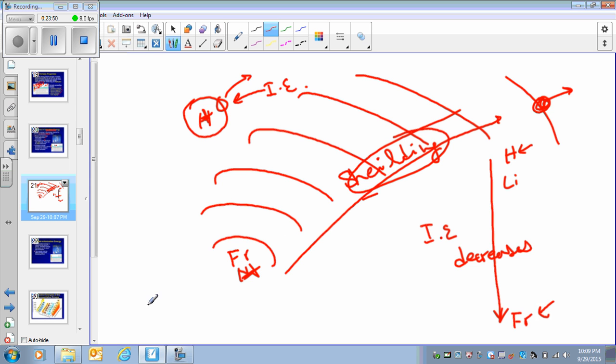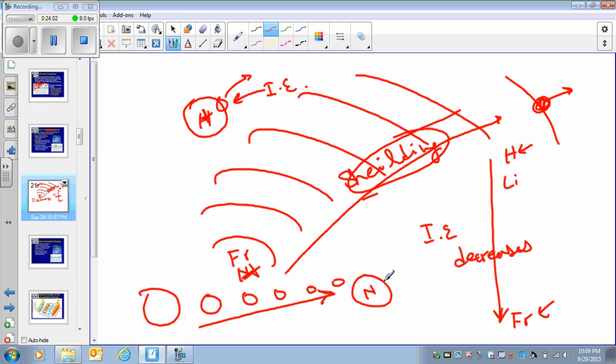On the other hand, as we know, the atomic radius decreases across the period. So if atomic radius is decreasing across the period, the nucleus is holding the outermost electron very tightly. So it will be hard for me to pull the electron out.